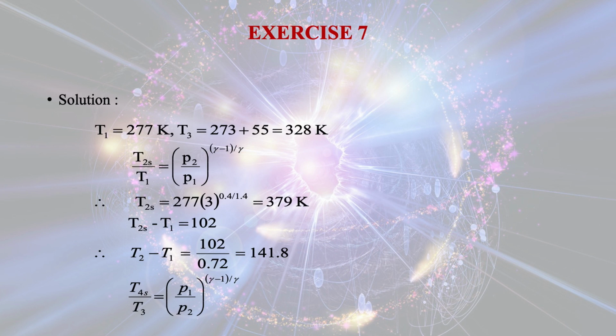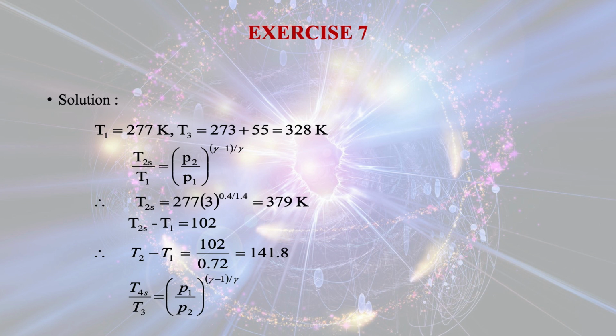Now we know very well that the value of T1 is equal to 277 K, T3 is equal to 273 plus 55 is equal to 328 K. And we know very well that T2s by T1 is equal to P2 by P1 whole to the power gamma minus 1 by gamma. So we can calculate T2s. Here we will get it 379 Kelvin.